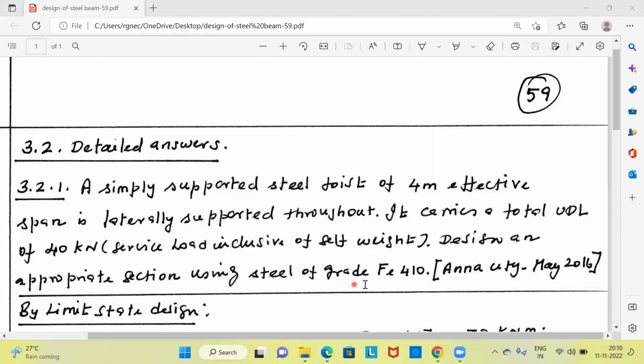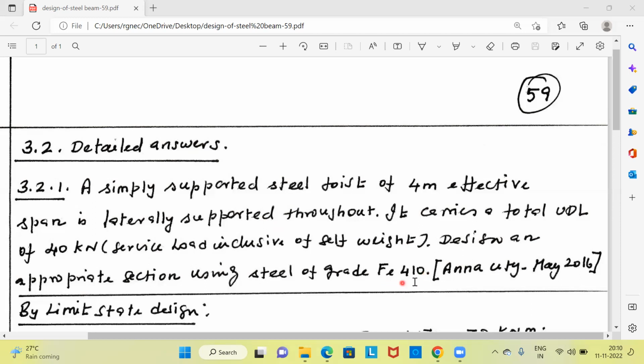Using the steel of grade Fe410, this is the generally used section for structural steel construction. Fe410 means ultimate stress is 410 Newton per millimeter square and yield stress Fy is equal to 250 Newton per millimeter square unless otherwise specified.